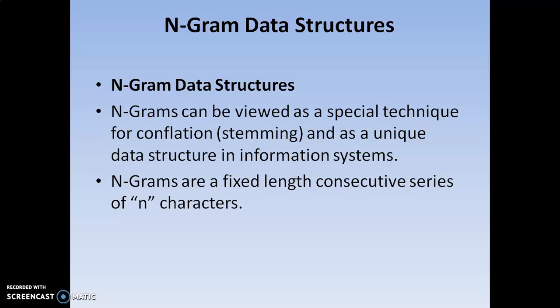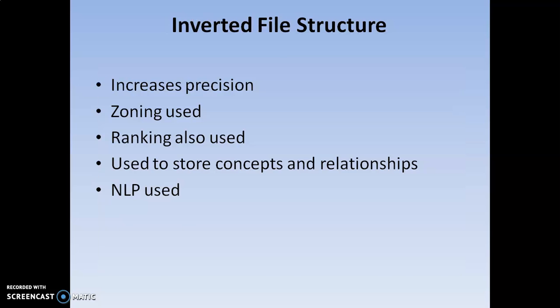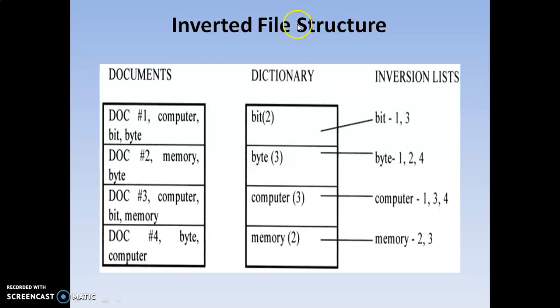One more piece of information regarding the inverted file structure: increasing the precision, joining, ranking are used, concept-related information, and NLP can be used. It maintains three different files: documents, dictionary, and the inversion list. Document contains the document files and a collection of the words. Dictionary contains a collection of the words and the number of occurrences.